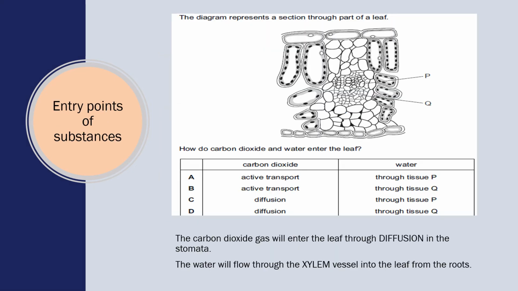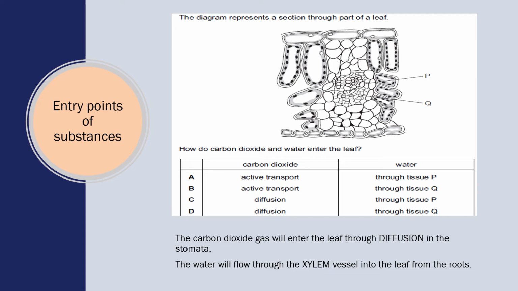We are now in the third question. The diagram represents a section of part of a leaf. So it shows a cross section of a leaf. How do carbon dioxide and water enter the leaf? So we need to locate where the entry points of substances are.